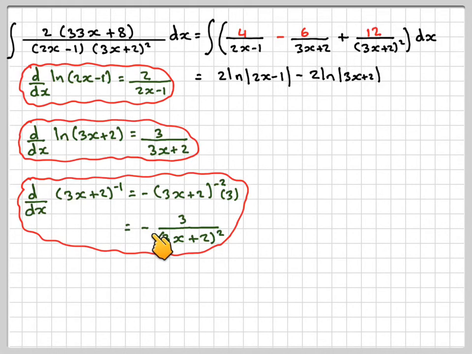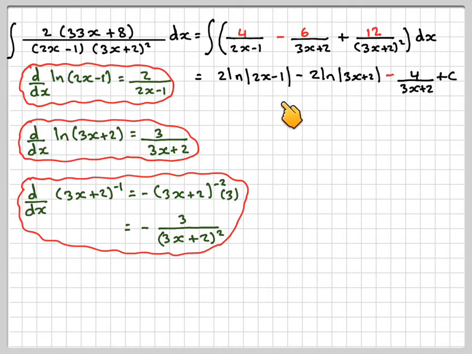So that means that the sign must change. This must be minus, and I will need a 4 in front, so that when I multiply that by 3, I'll get 12. So I'll get minus 4 over 3x plus 2 all squared.